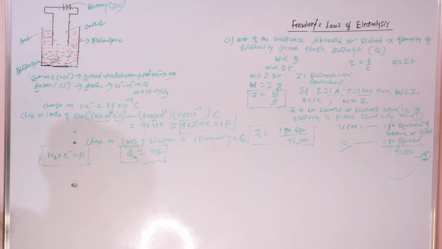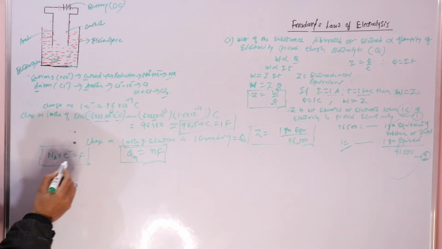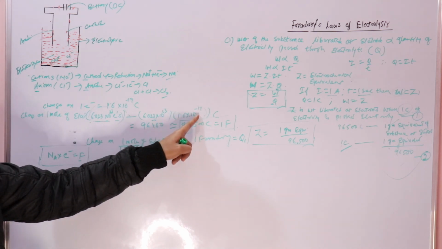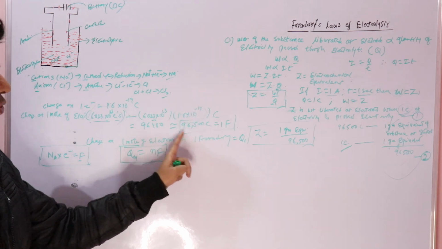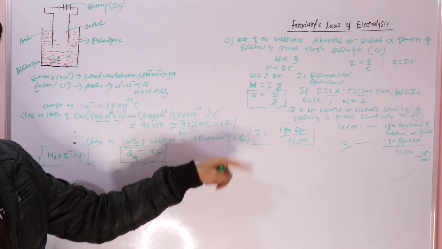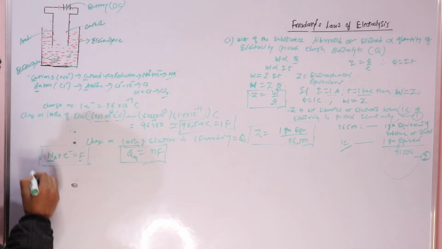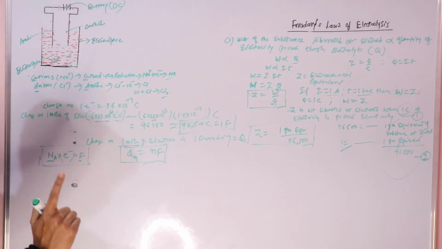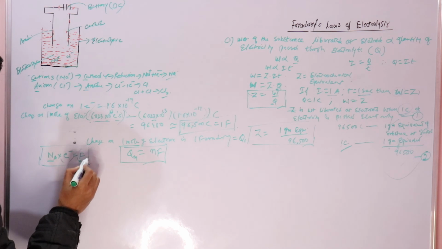This is important, right? All these 3 are constants. Faraday is constant. After multiplying these two, we get this quantity, so this will also be a constant. So we call it the Faraday constant. So this is the relation: N_A, Avogadro number, into the charge on 1 electron is equal to 1 Faraday.